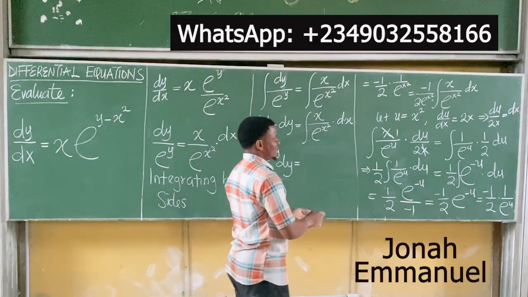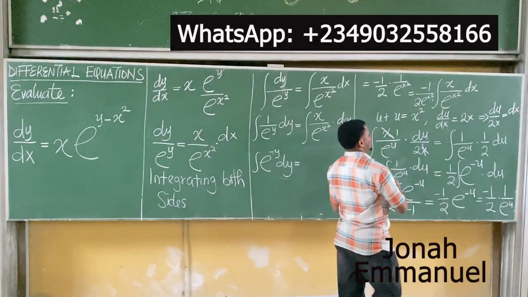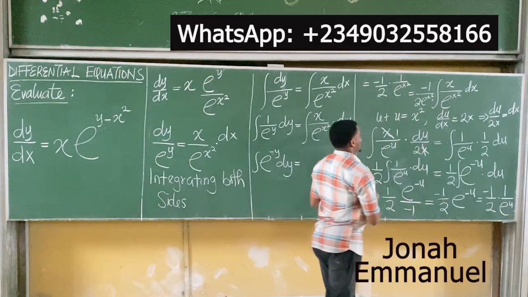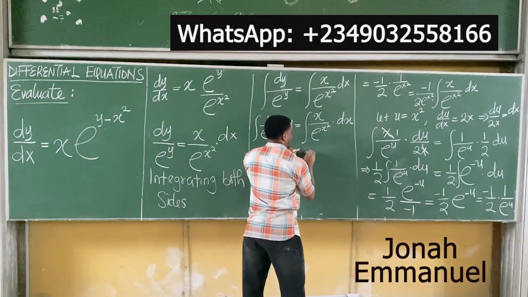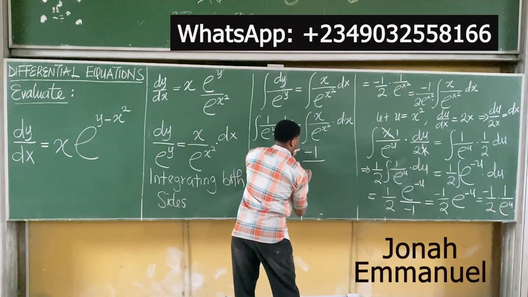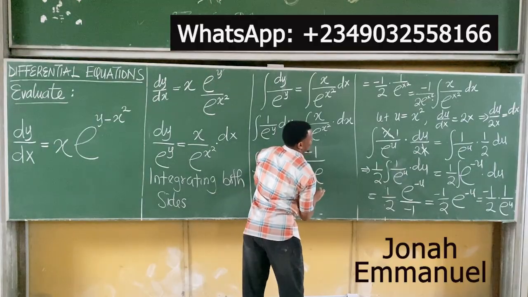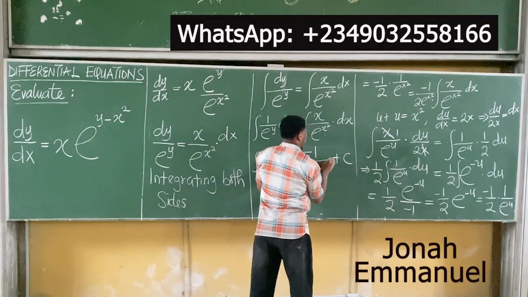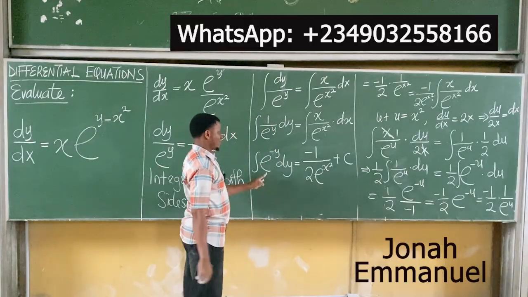In essence, let's confirm. I have integrated this value, and I have as my answer minus 1 all over 2 exponential x squared plus c. Let's see. What about this side? What do you have here?